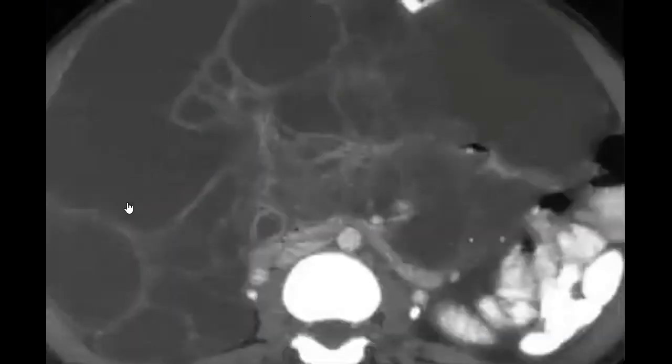If you find a lesion with multilocular cystic pattern, we just mentioned it, you are going to think about lymphangioma. Lymphangioma, yes. And this is how it looks in the pathology.